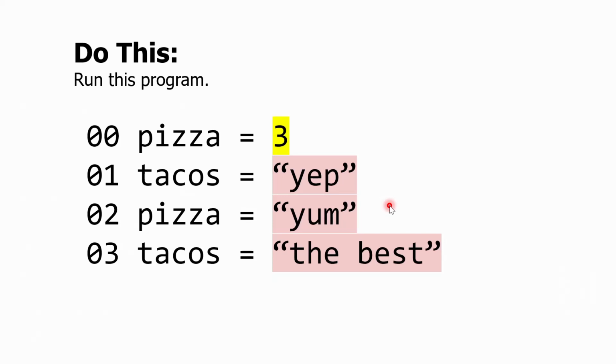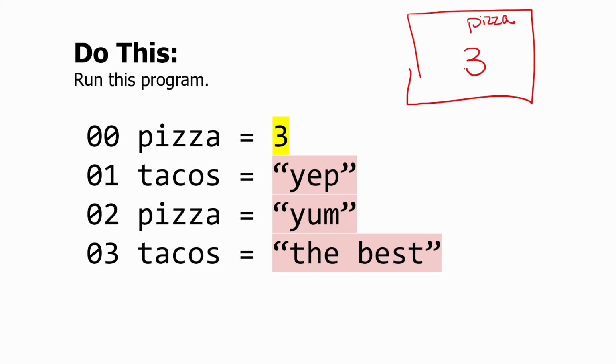So ultimately, here is what is going to be happening for our program. We are first going to be making a variable, and it looks like it's called pizza, and it's assigned the value of 3. So what I'm going to do is make a little box here, and I'm going to say, yes, the variable is called pizza, and I'm going to give it a value of 3 inside. Now keep in mind that is a yellow sticky inside. That's why it's yellow right here.